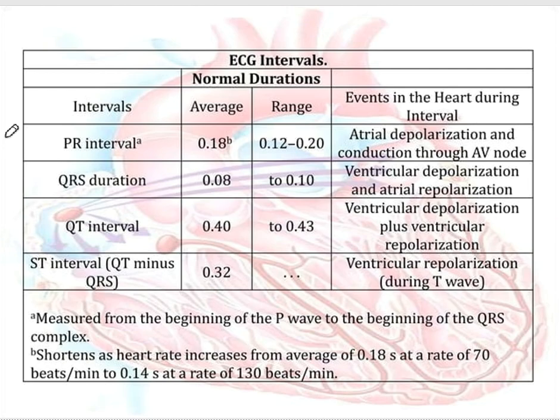I will create a video on the ECG paper also. Then the QRS is less than 0.12, although it is about 0.10 here. And for the T wave we consider the QT interval, because we never consider the T alone. That is 0.43 seconds here.